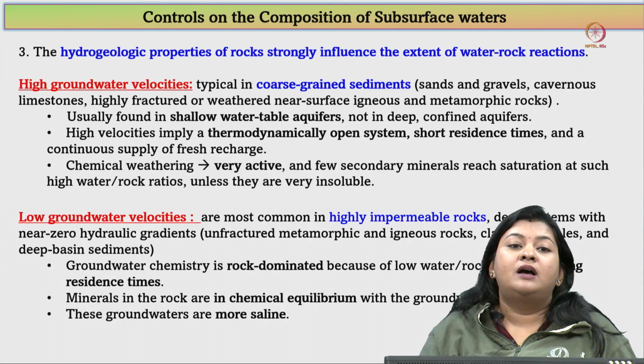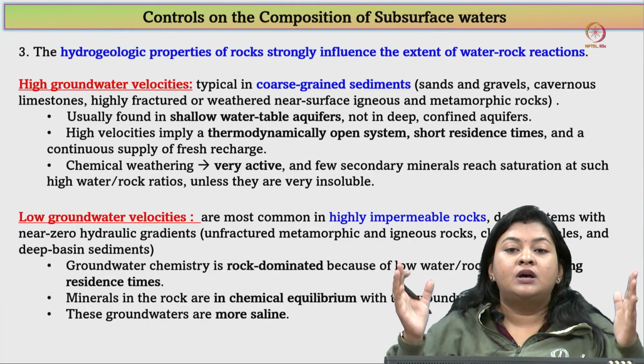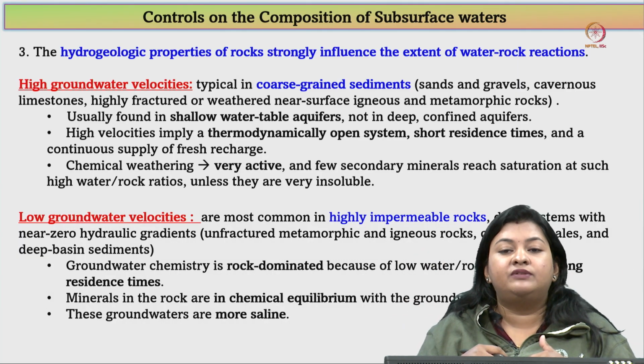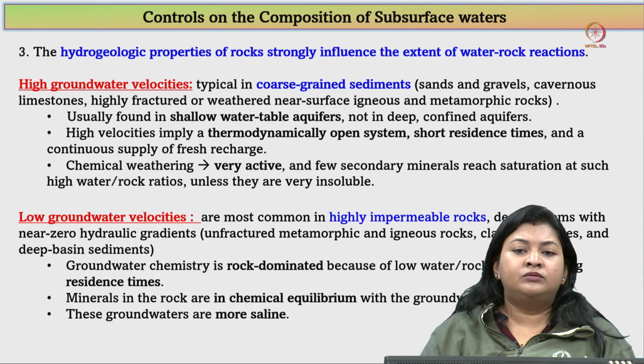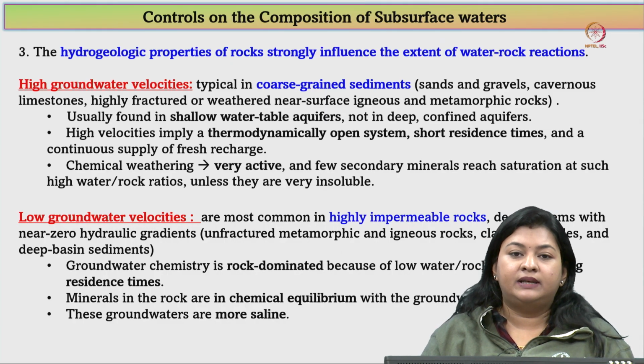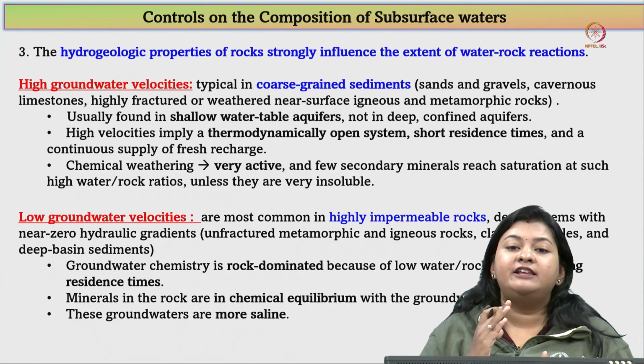So we have high groundwater velocity, and the rate of infiltration is very high in these types of aquifers. They can be made up of limestones, or sands and gravels, or they can be very highly fractured.